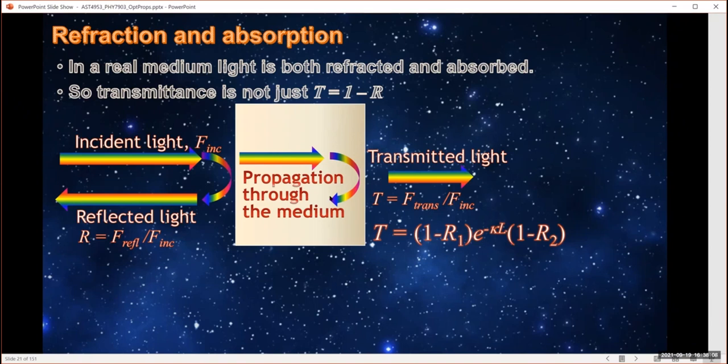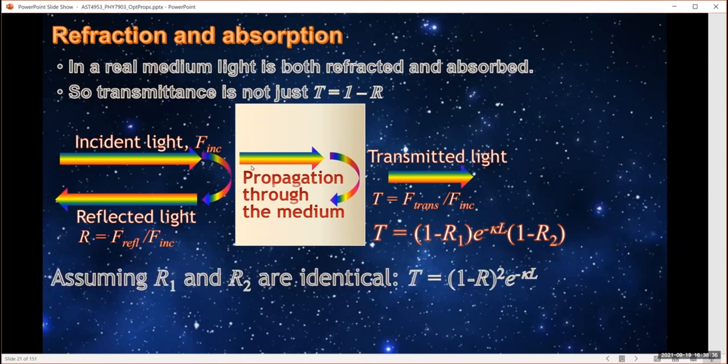That will then be reflected again at this surface. So now if we have a reflection here, R2, then the amount of light that actually makes it out is given by this equation here, where we take away the reflected light, we take away some that's absorbed in the middle, and then we take away the second reflection, and what's left gives us our transmitted light.